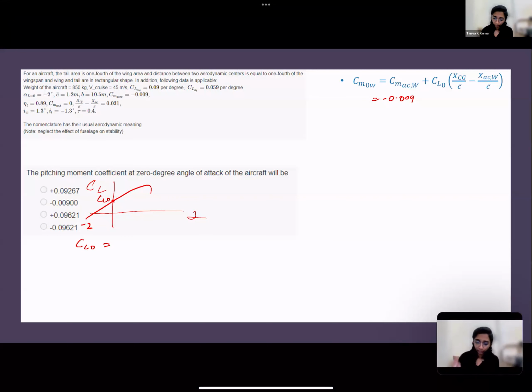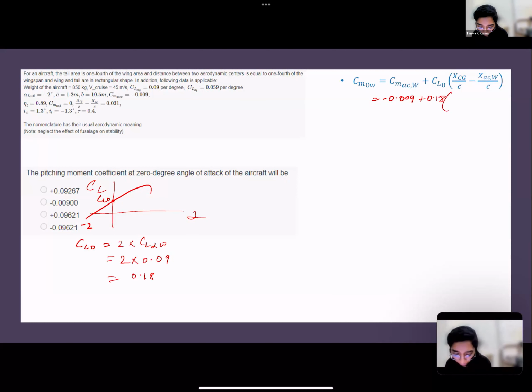It's just that change. So it's basically 0 minus minus 2 into Cl alpha. That's how you do it, right? So it's just 2 into Cl alpha of the wing. That is 2 into 0.09, which is 0.18. So plug that in here, 0.18. X bar CG minus X bar AC, they've given you in the question. It's 0.031. How much is this value? Just do it.